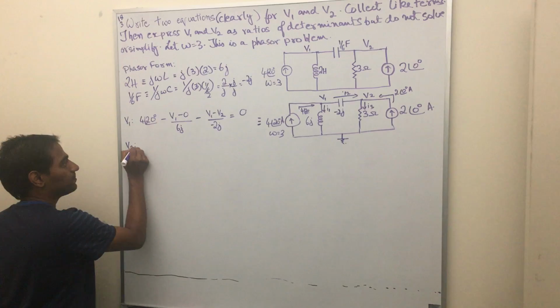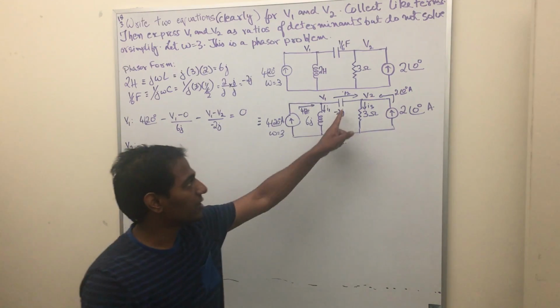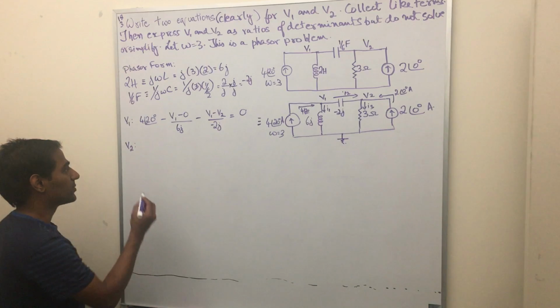So for V2, you have I2 flowing from V1 into V2, so it's positive.